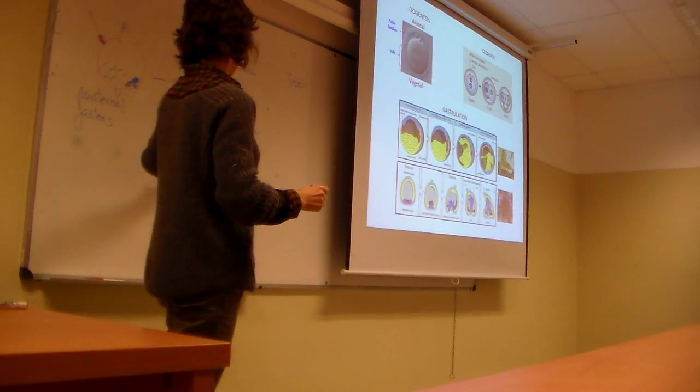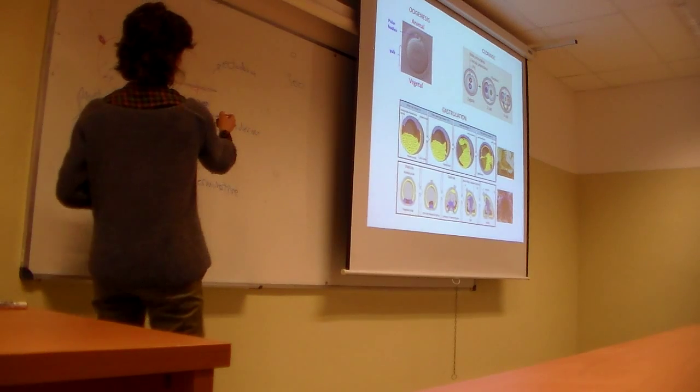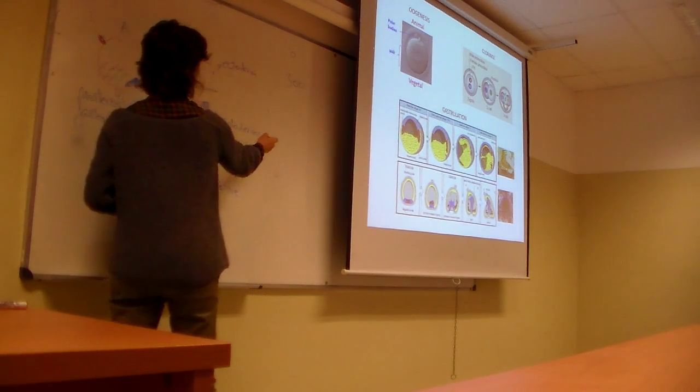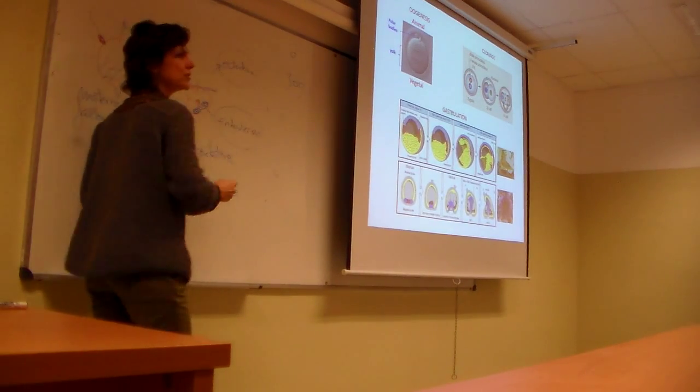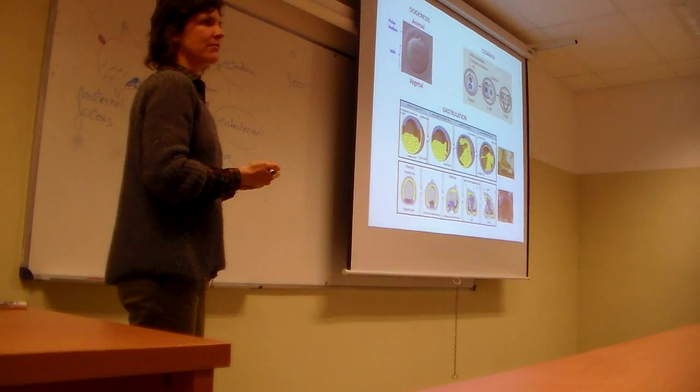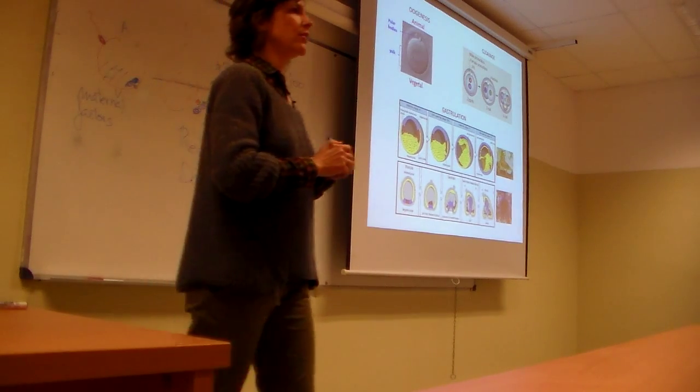What happens in the determinative development is that this part will form only endodermal tissue, and this part only ectodermal tissue, okay? But not a whole embryo, any of them.